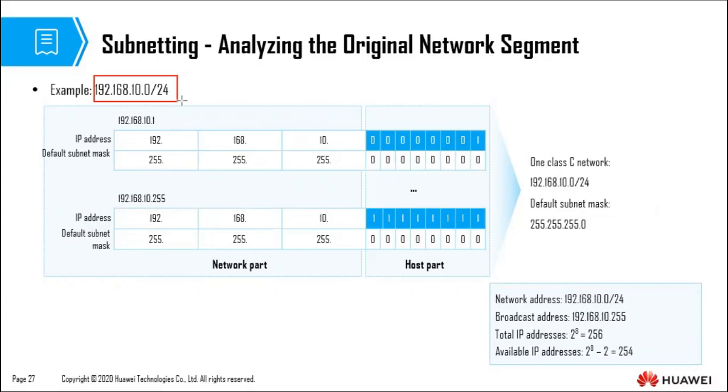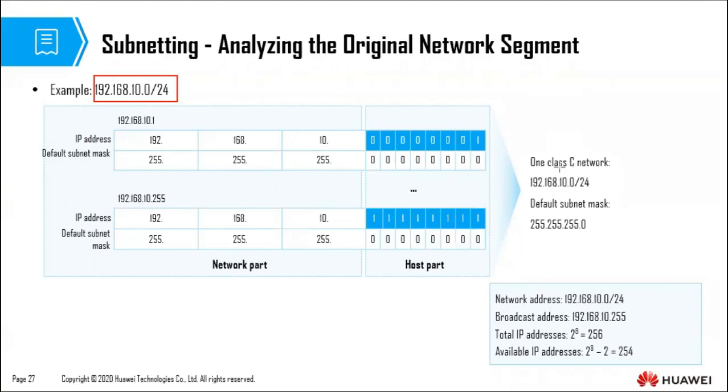Total available addresses: 256, right? Assignable addresses? 254. Now, this can be broken down.